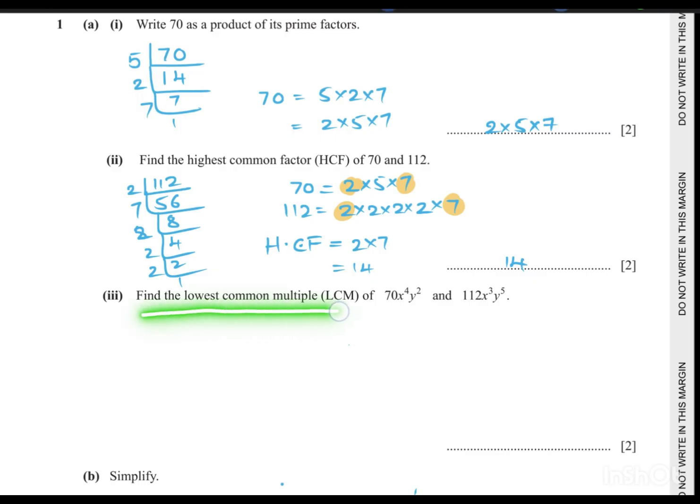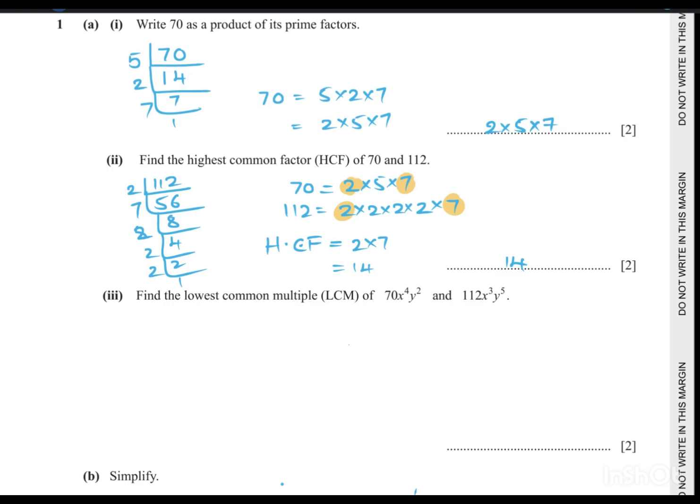Question number 3. Find the lowest common multiple of 70 x raised to 4 y squared and 112 x raised to 3 y raised to 5. Now when you take these two algebraic terms, 70 and 112 are the coefficients.